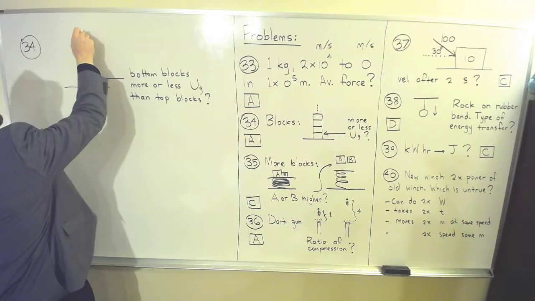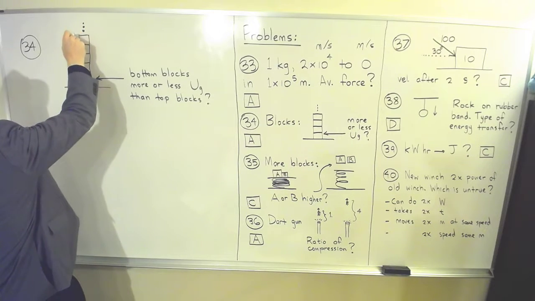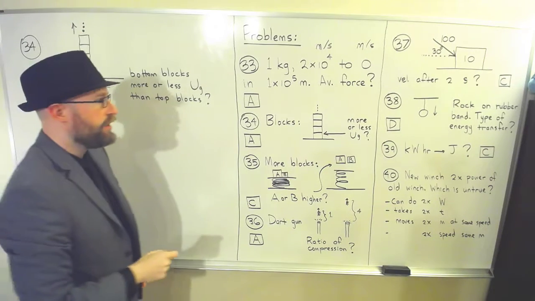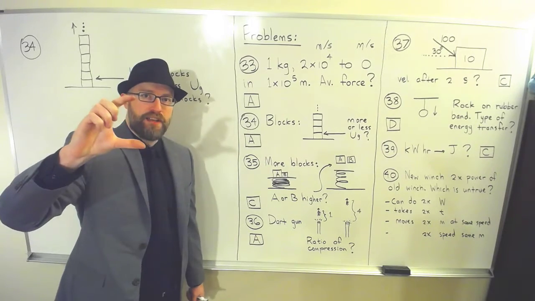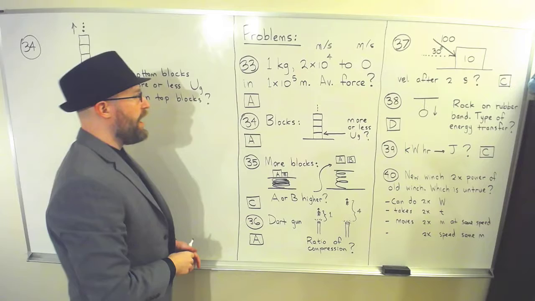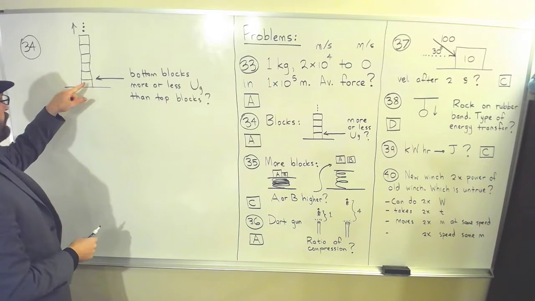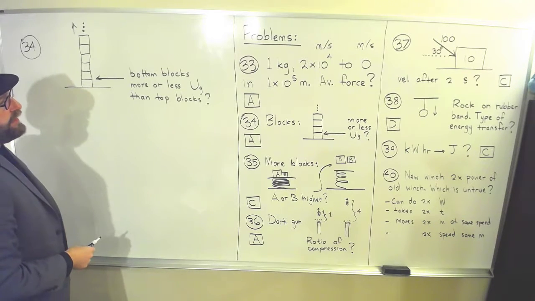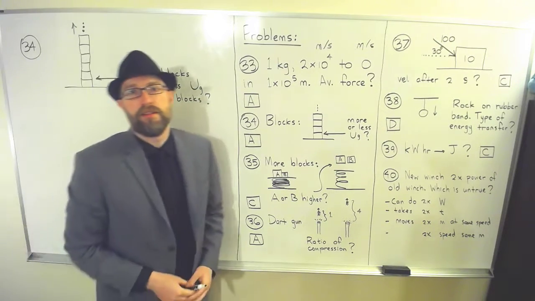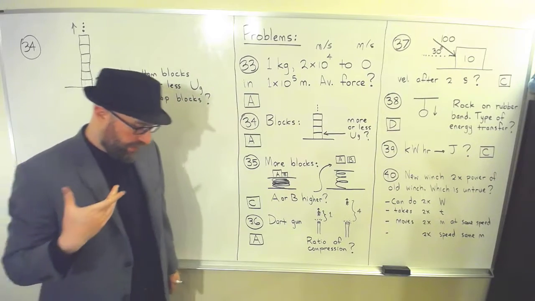So the top blocks are up here, and these blocks theoretically go on forever going up there. And the book actually gives a fairly long explanation of why the blocks down here have lower gravitational potential energy. And I guess they're getting into more details than they really discuss in the text.